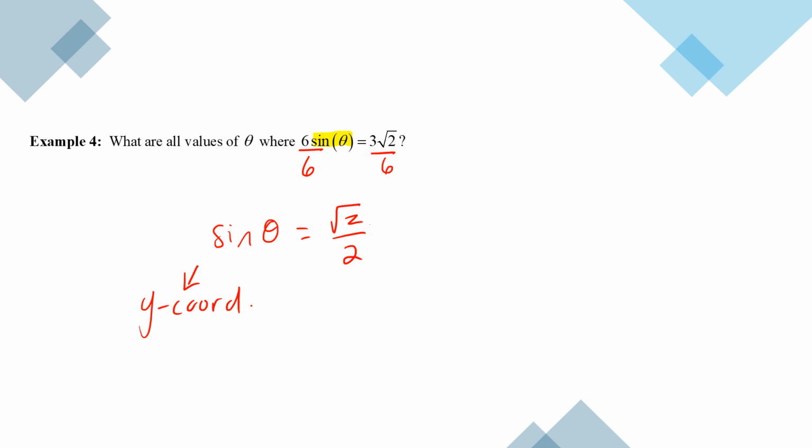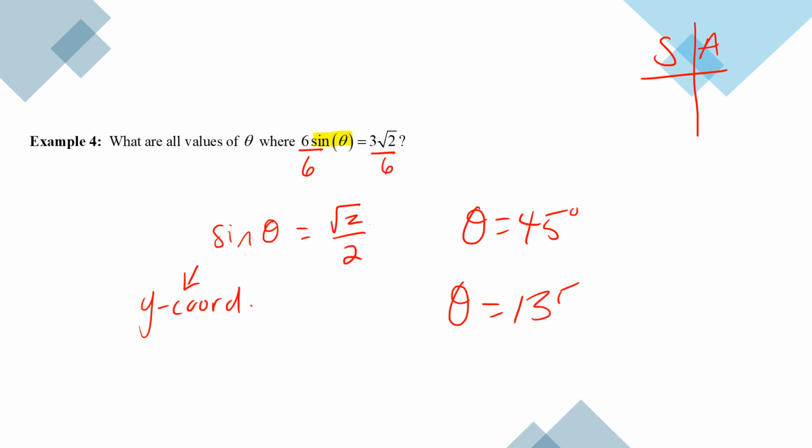We get it at theta equals 45 degrees, and where else? It's going to be in quadrant number 2, since sine is positive there. So what is the 45 in there? 135.